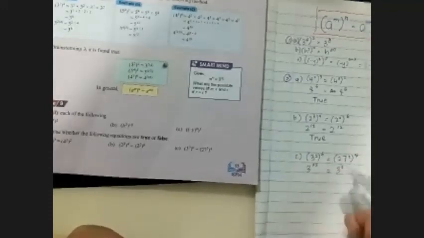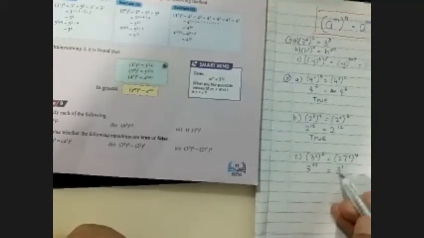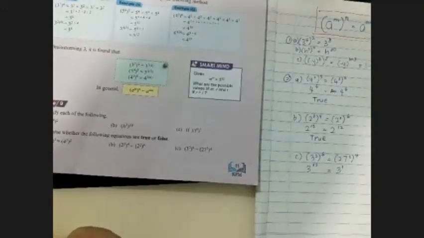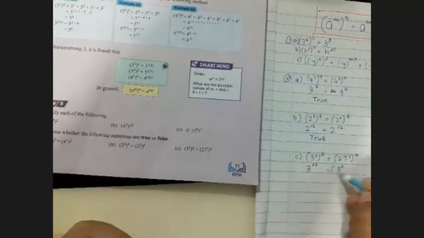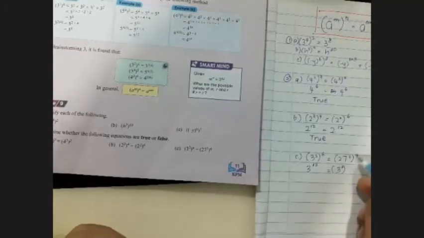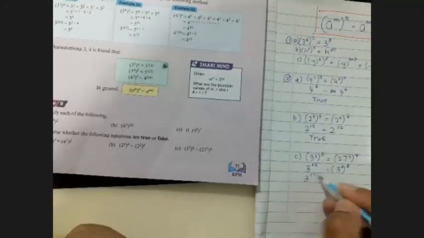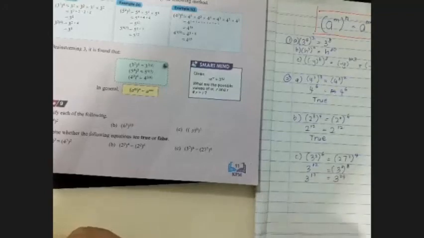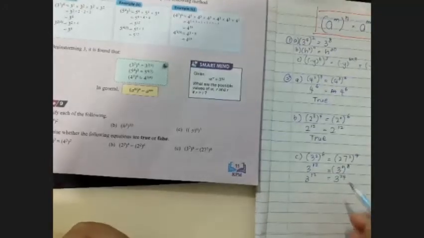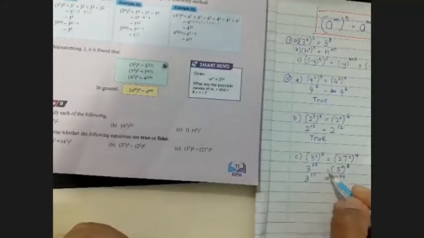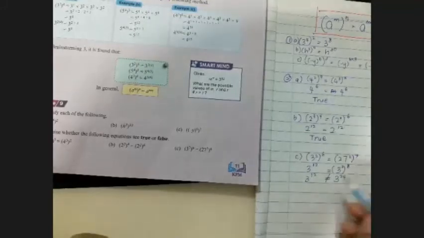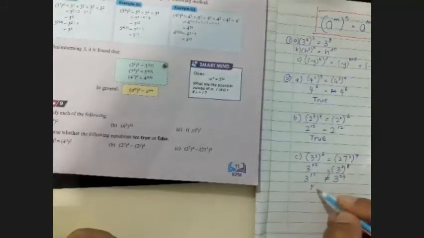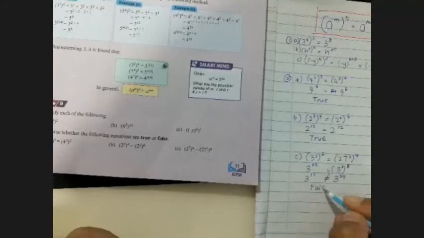To get 27 is 3 to the power of 3. And here you multiply 2 and 4, we get 8. So 3 power of 12 equal to 3 power of 3 multiply 8, 24. Is this the same? No, this is not equal. So this is a false statement.